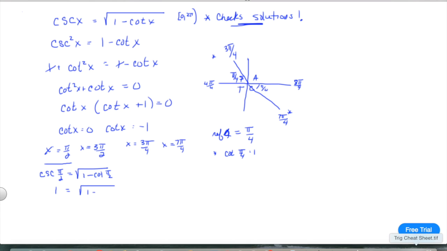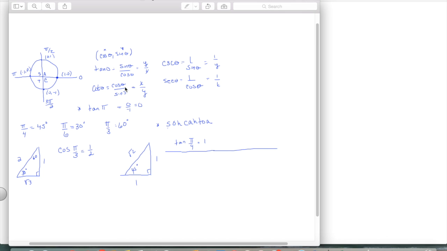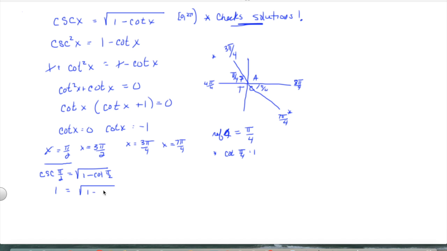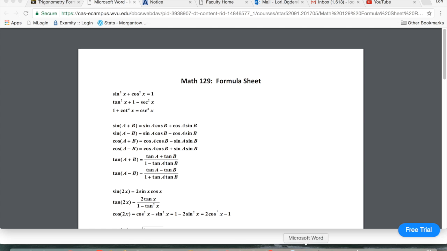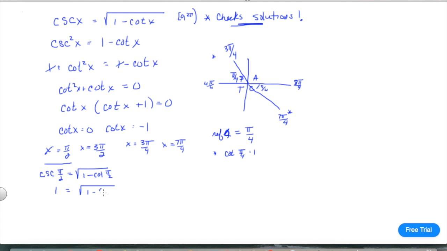So again, take a look at your cheat sheet. Cotangent is x over y. So here's pi over 2. X over y would be 0. So I do have 1 equals the square root of 1, or 1. So pi over 2 is a solution.